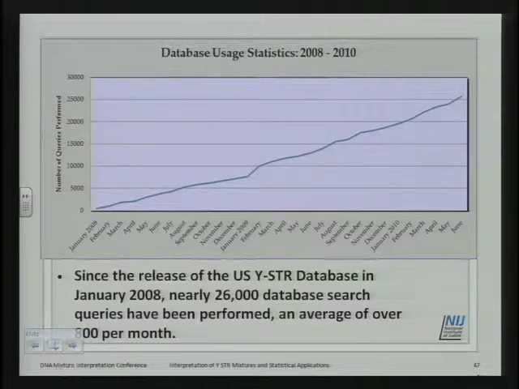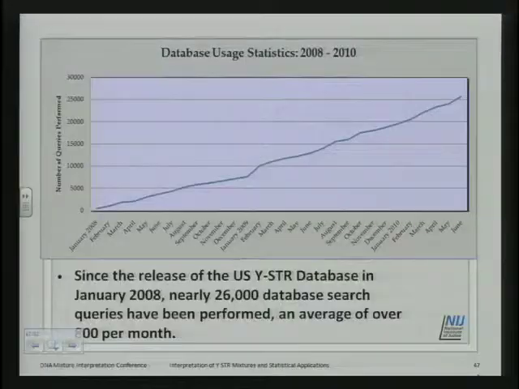The database is used continuously. The recent data I have shows a big spike, from the middle of last year, where the rate of increase has increased. The slope has increased dramatically, but up to then it was about 800 hits per month.